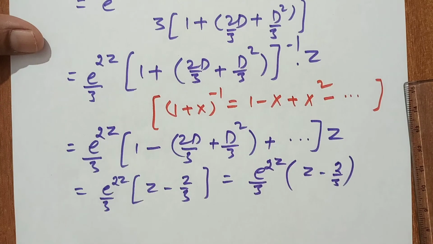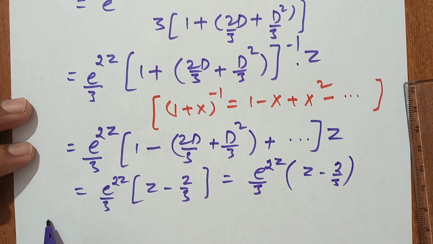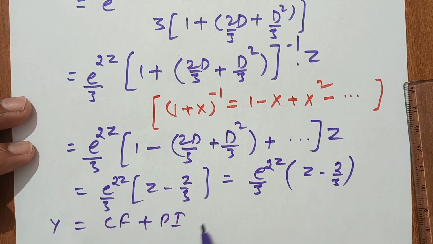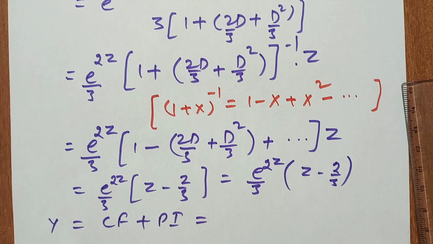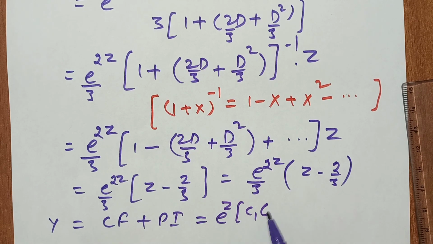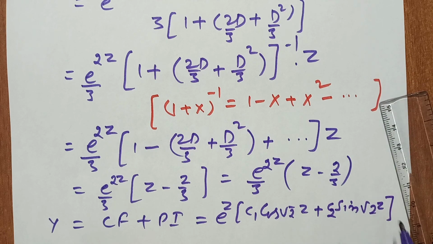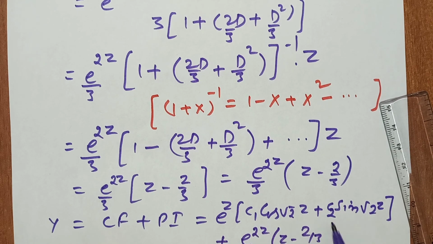Now the solution is y = CF + PI. CF is e^z (c1 cos √2 z + c2 sin √2 z) plus e^(2z)/3 (z − 2/3).